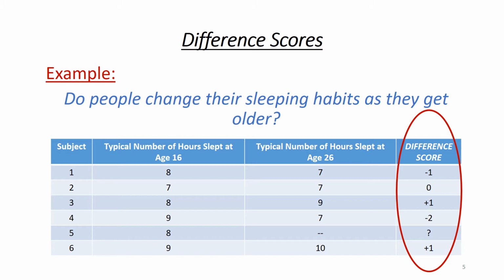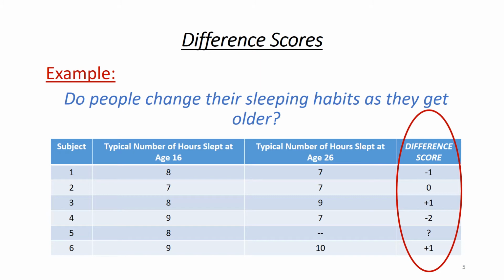So looking at those difference scores, the hypothesis test is going to be examining not whether the mean from age 16 is equal to the mean from age 26. Rather, it's going to be asking, is the mean for the difference score significantly different from 0?